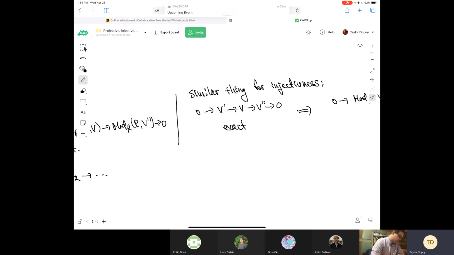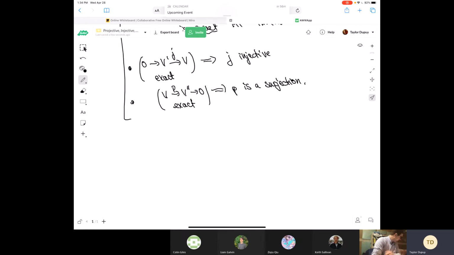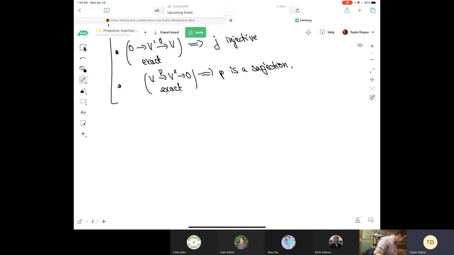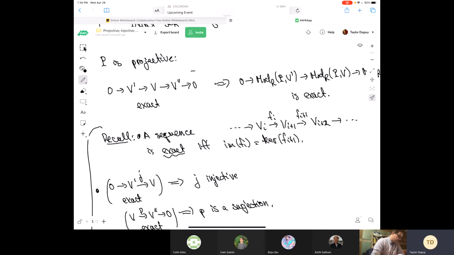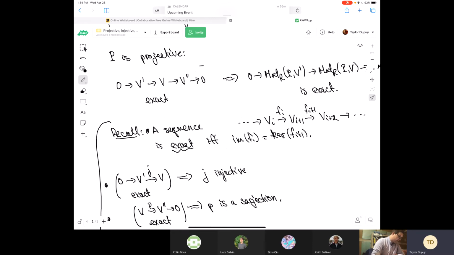So what are the freebies? This just follows from general categorical stuff, which we'll go over again, so we actually don't need to check that.